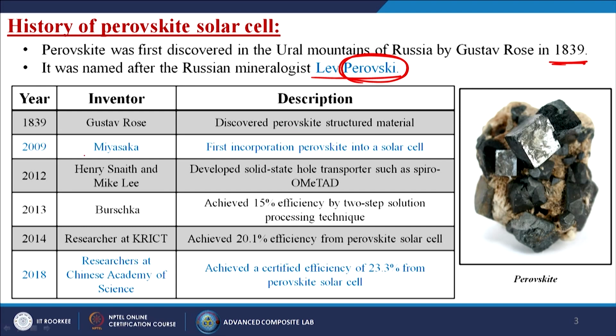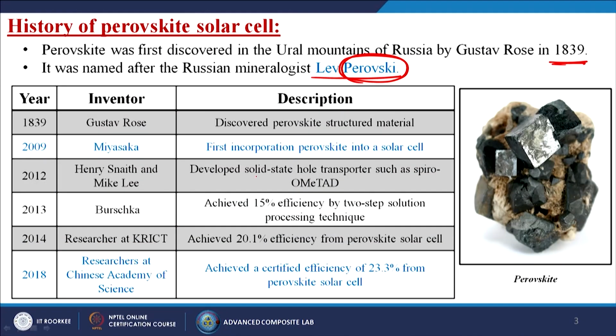In 2009 Miyasaka used these materials in a solar cell. That means the material is not new, it was discovered more than 100 years ago, but nowadays people are using it for solar cell applications. In 2012 Henry Snaith and Mike Lee developed the solid state hole transport material such as Spiro-OMeTAD.